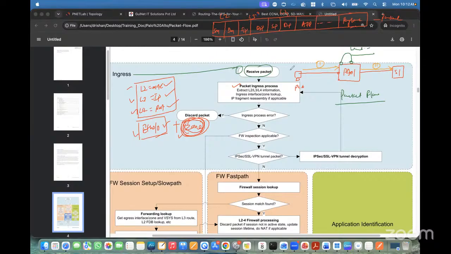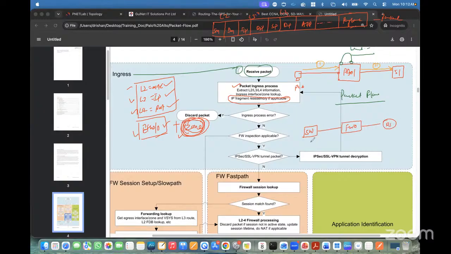So I will check all that information. After checking all that information, the next step is to verify whether the packet I received is really a fragmented packet, or a plain, non-fragmented packet. So what is fragmentation? Let's suppose you have a switch connected with a firewall, and this firewall is further connected with the router.